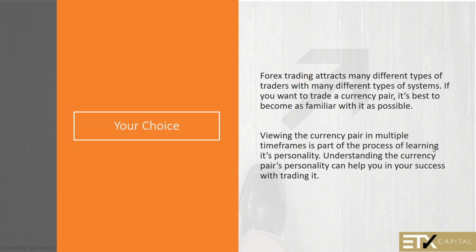But time frames also help you learn the personality of an asset. Let's say, on a hypothetical bar chart, you saw that the euro moved from 112.21 to 112.41, and you were looking at a 1-hour chart.